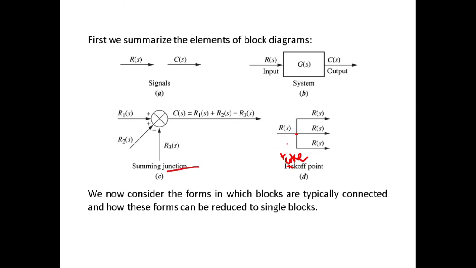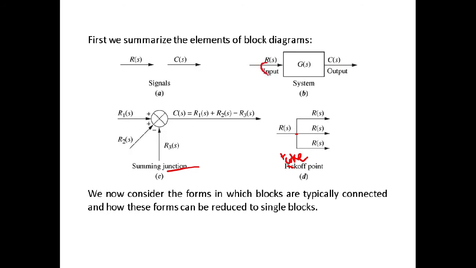Same way, take off point is nothing but whatever signal is coming inside that point will go outside. So if we are dealing with three directions, if we are departing one signal into three parts, then the value will be the same. Whenever we are dealing with a closed loop control system, that is what happens. This is the block diagram of an open loop system.